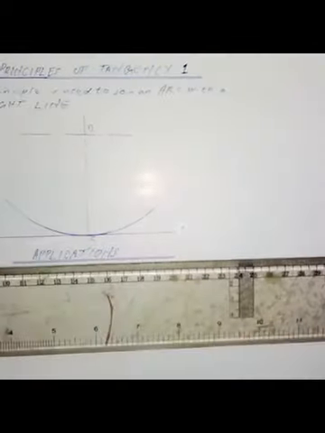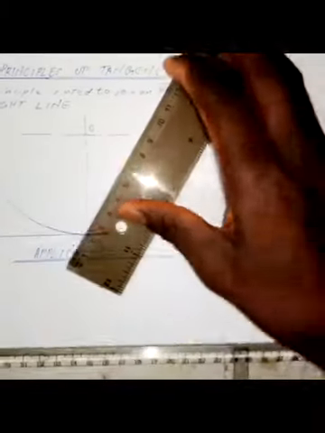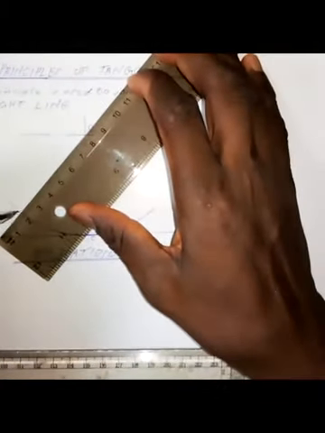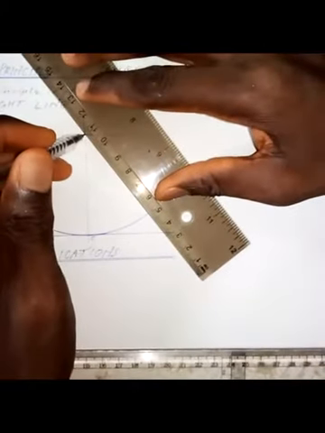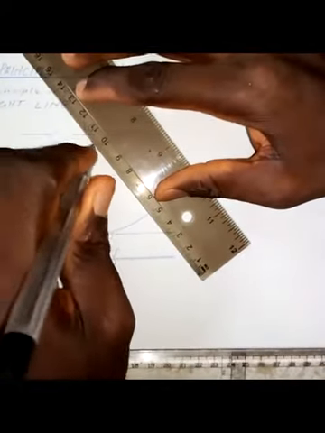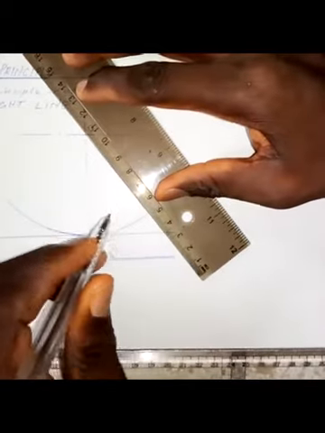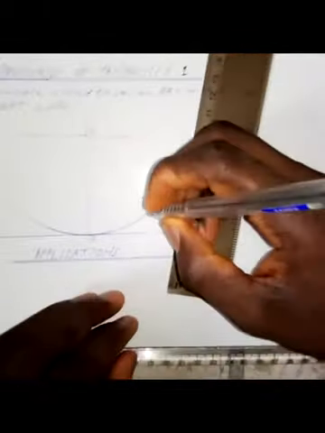Now I want to show the radius of the arc.